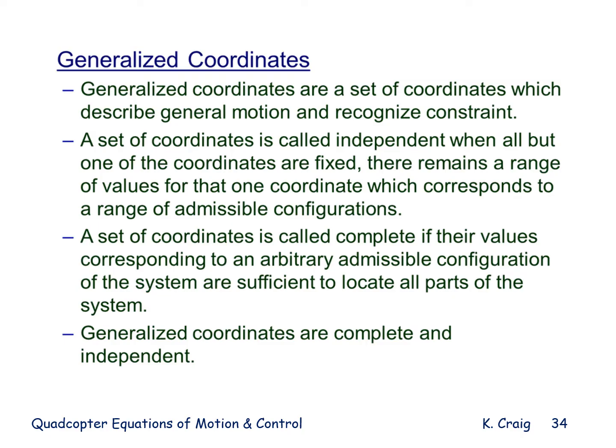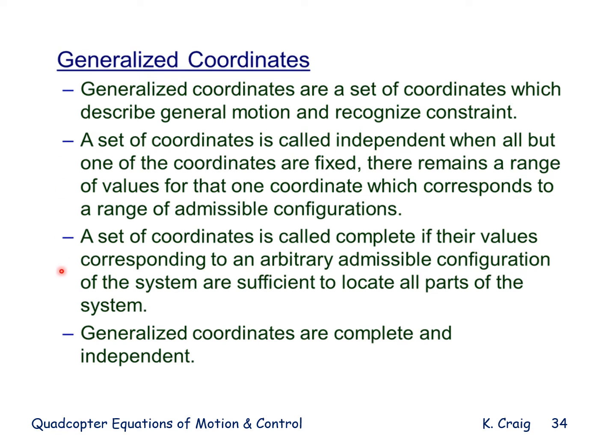What are generalized coordinates? Generalized coordinates are a set of coordinates which describe general motion and recognize constraint. A set of coordinates is called independent when all but one of the coordinates are fixed. There remains a range of values for that one coordinate, which corresponds to a range of admissible configurations.